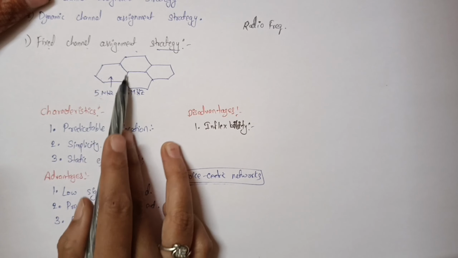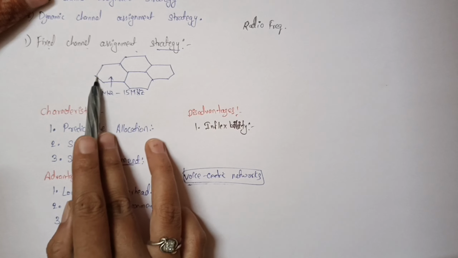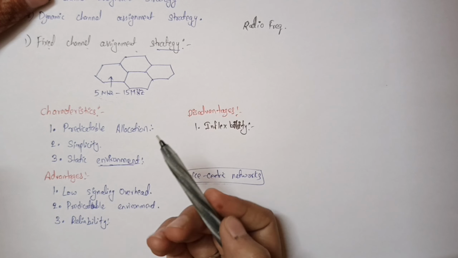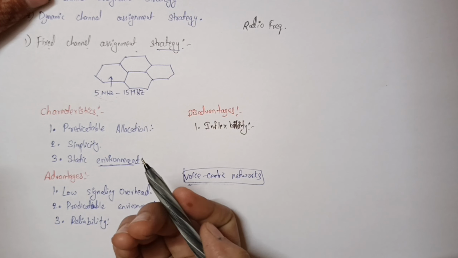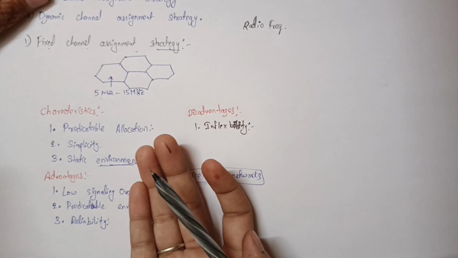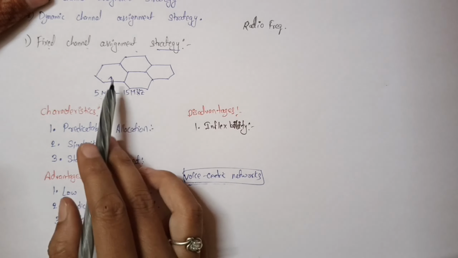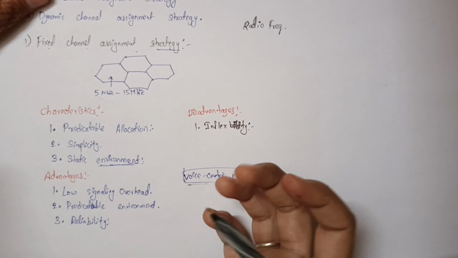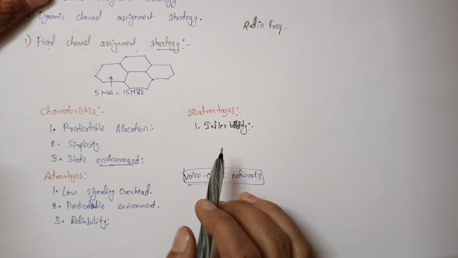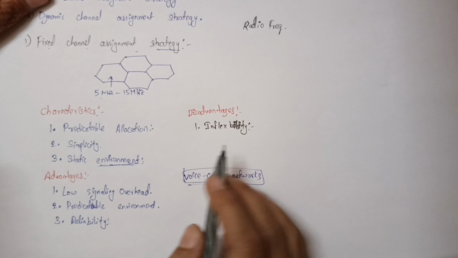For example, let's say the traffic in this cell increases in future. How will they handle it? They need to handle it, right? This channel assignment strategy will not fit in such cases. So it is inflexible.